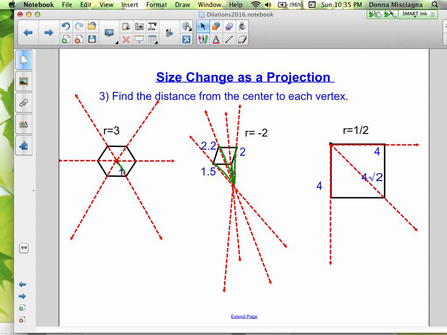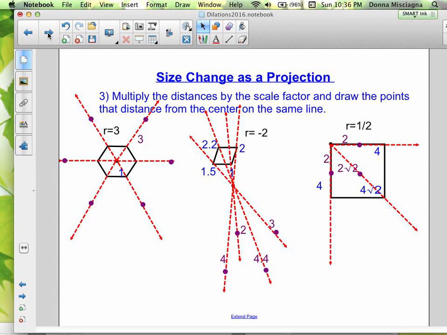All right, and then we have 4, 4, and 4 square roots of 2. So that's just from center to a vertex. Now, obviously, if my scale factor is 3, instead of just 1 from the center of dilation, my image has to be 3 from the center of dilation. And if my scale factor is 1/2, instead of 4, it's going to be 2. But let's look at the third one, the one in the middle there. What's going to happen there?